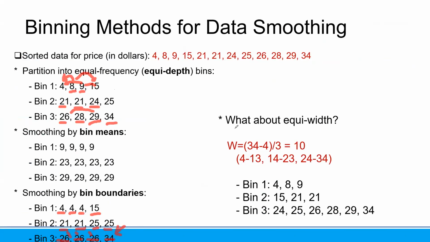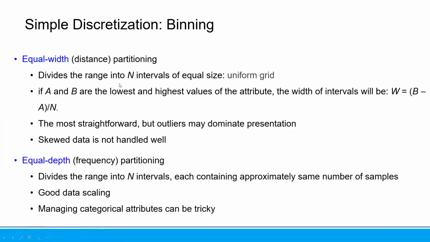So what about equi-width? Let's say I want to make 3 bins. Based on the definition, it divides the range into n intervals of equal size.